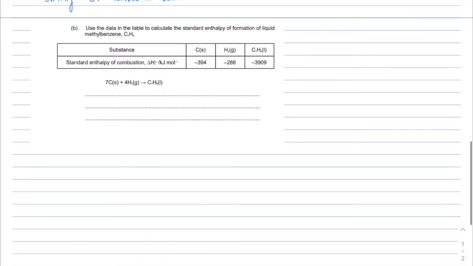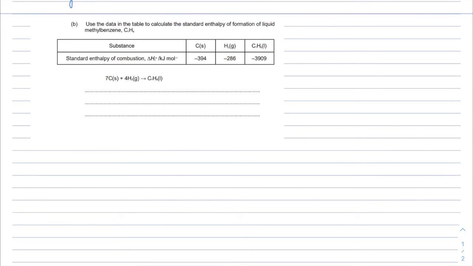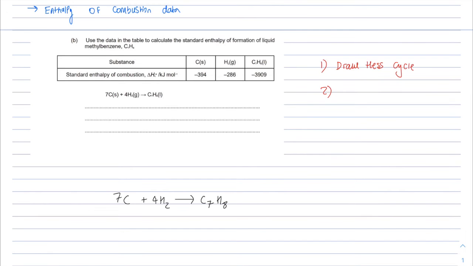Now, let's say we had enthalpy of combustion data instead of enthalpy of formation data. How would we solve it now? Well, we'd solve it using the same steps. So first step, draw Hess cycle. At the bottom of the reaction, put the products of the combustion of the reactants.